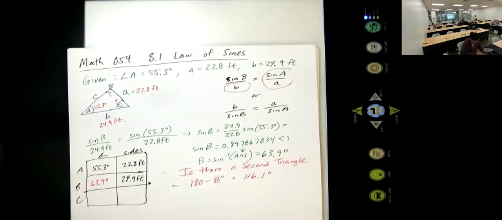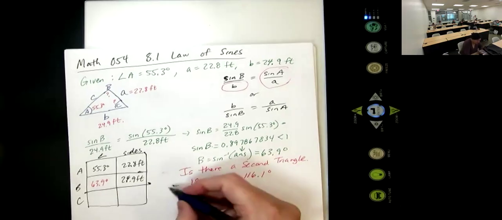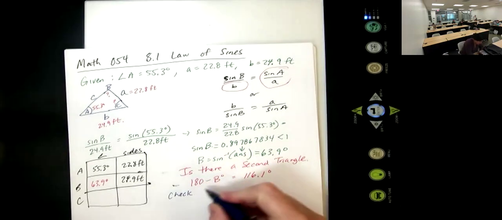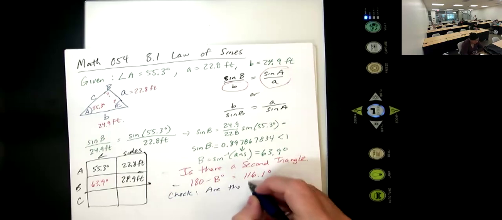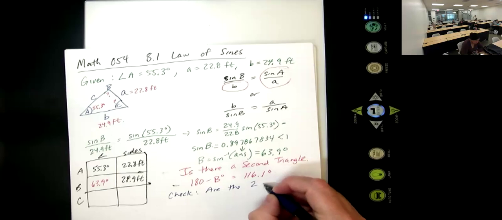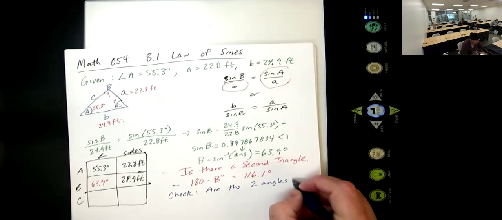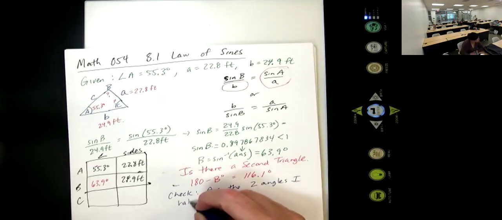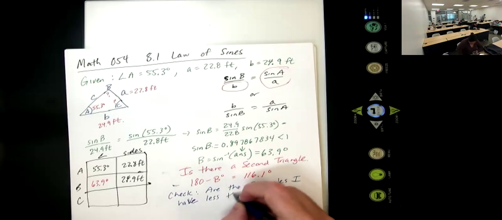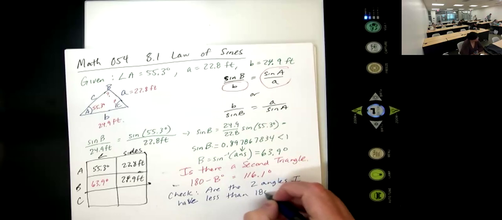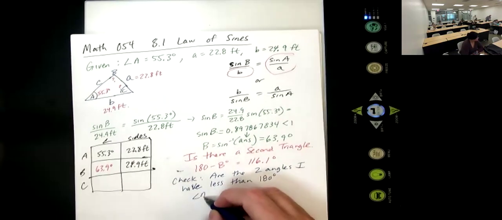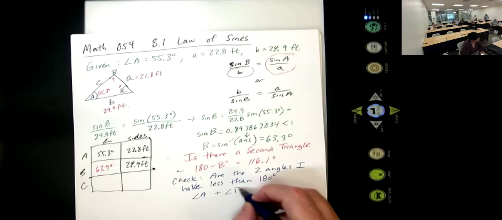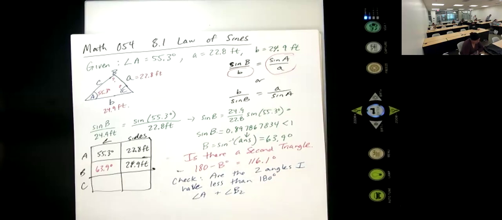And what I want to do is verify or check: are the two angles I have less than 180? Like angle A and angle B2. I'll call that B2.